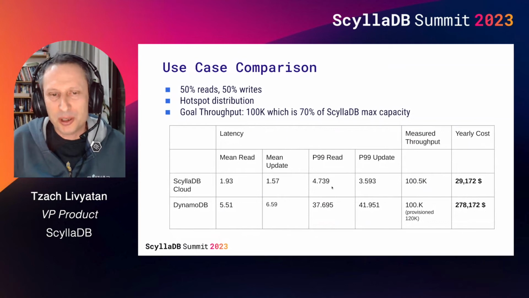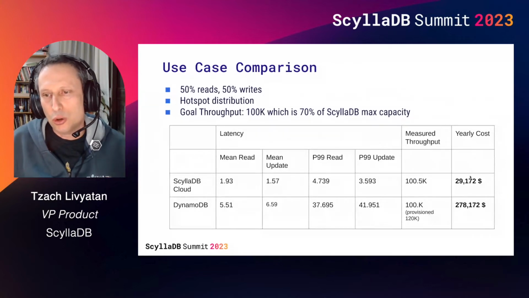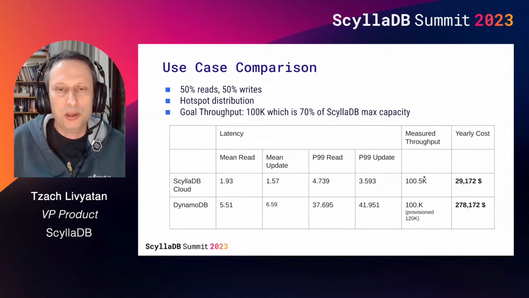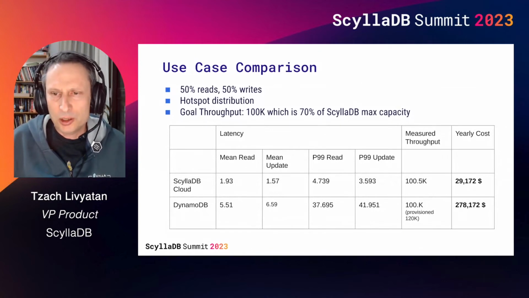But you can see that the P99 is much better in Scylla, much worse in DynamoDB. But even more significant, the yearly cost of ScyllaDB Cloud compared to DynamoDB is about 10%. So you are spending 10 times less with ScyllaDB and getting lower latency at the same time.